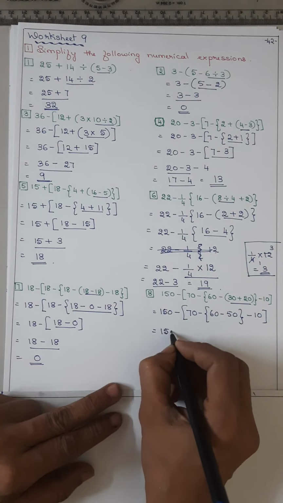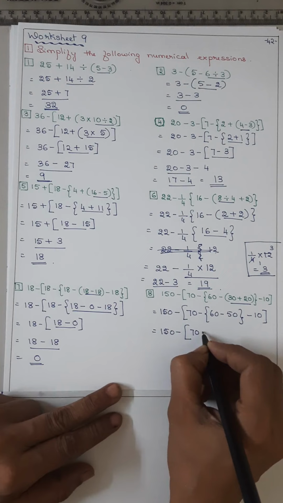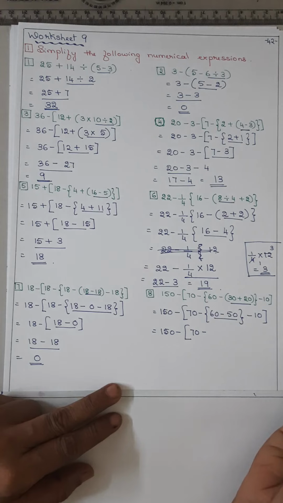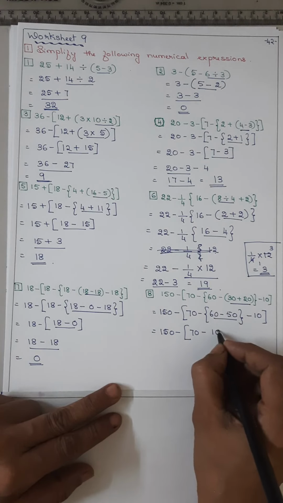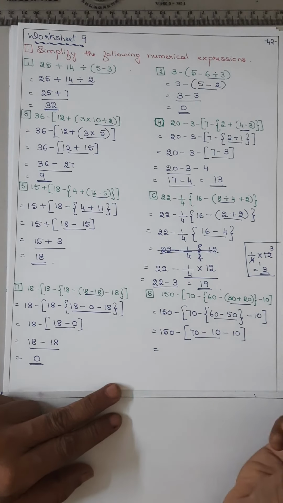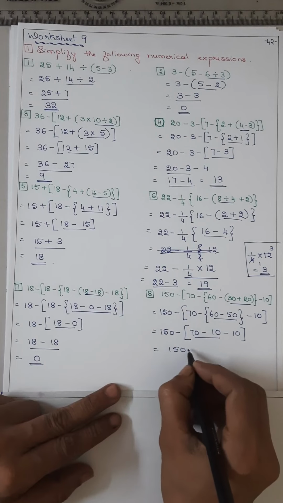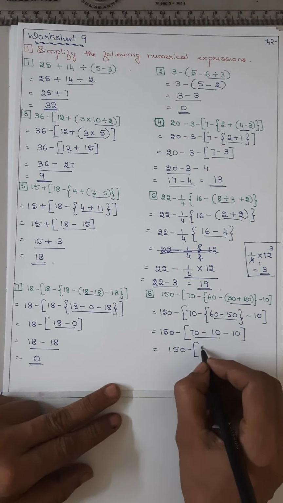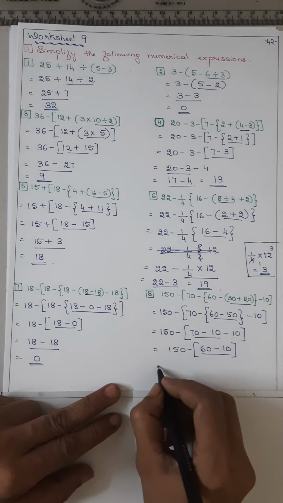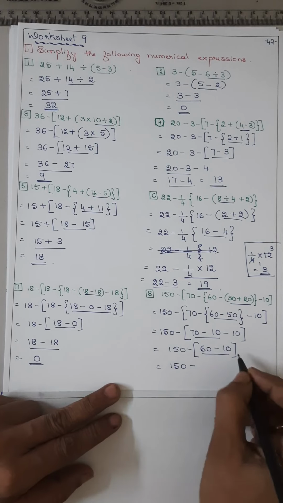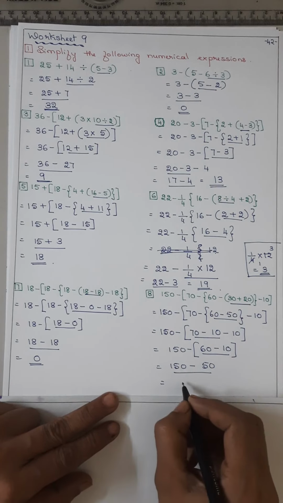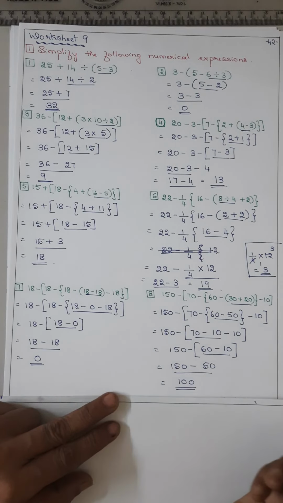Now 150 minus 70 minus, now inside the curly bracket what came? 60 minus 50, that is 10, and this minus 10. Now underline these two. 150 minus 70 minus 10 is 60 minus 10. Now underline these. 150 minus 60 minus 10, 50. Now underline this. You got 150 minus 50 is 100.